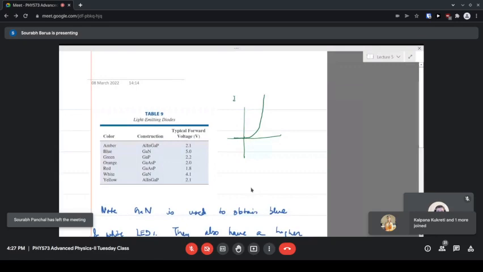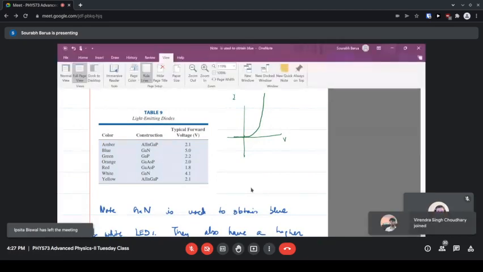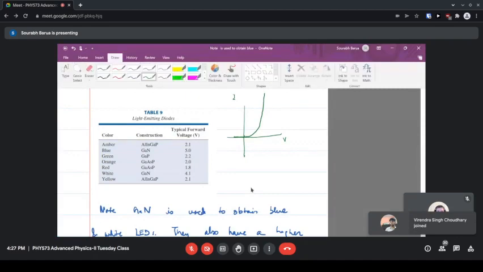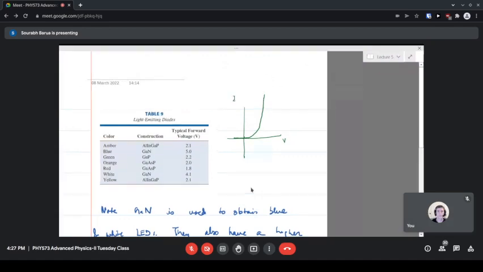This is your I and this is your voltage. Actually, this is a practical diode. People model a practical diode with an ideal diode. So the ideal diode LED characteristic will look like this.